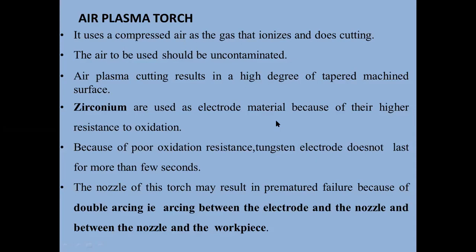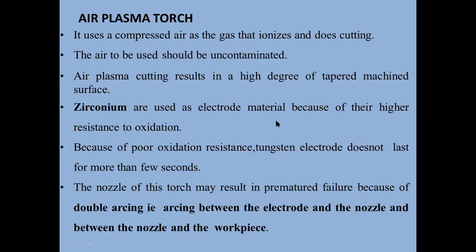In an air plasma torch, zirconium is used as the electrode material instead of tungsten because of its higher resistance to oxidation. See, we are using air, and tungsten generally has a high affinity towards oxidation. Compared to tungsten, zirconium has less affinity, that is, higher resistance to oxidation.